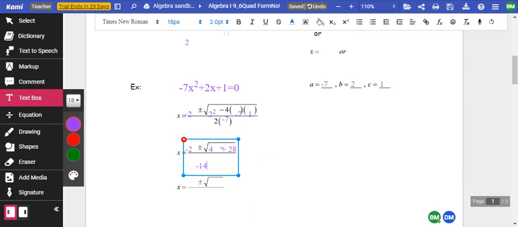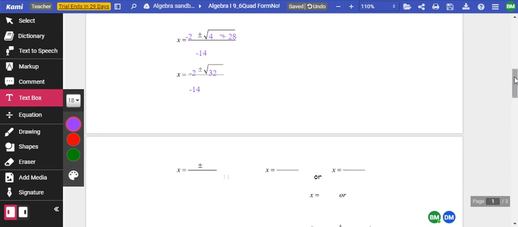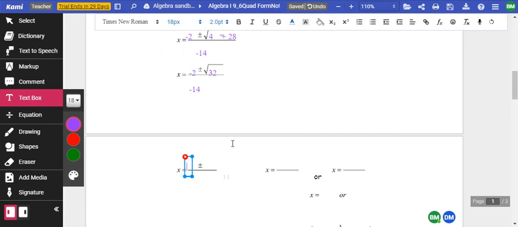So 4 plus 28 gives me 32. So I've got negative 2 plus or minus the square root of 32 all over negative 14. Then I just keep going. The square root of 32 is 5.65. So I've got negative 2 plus or minus 5.65 all over negative 14.